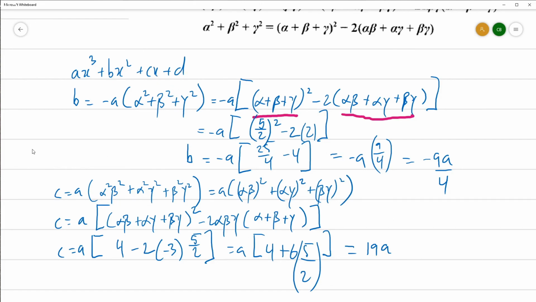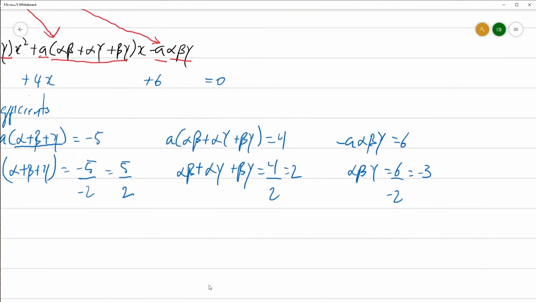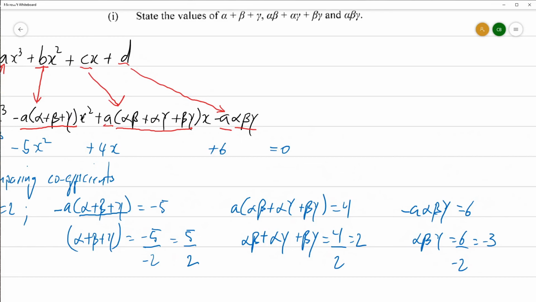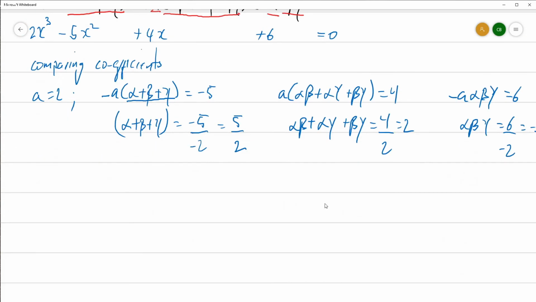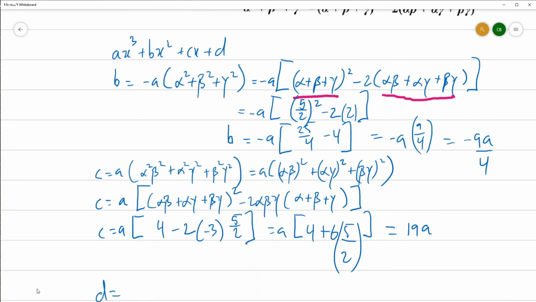We know that d is equal to, let's check and remind ourselves what d is. d is minus a alpha beta gamma. So d would be minus a.